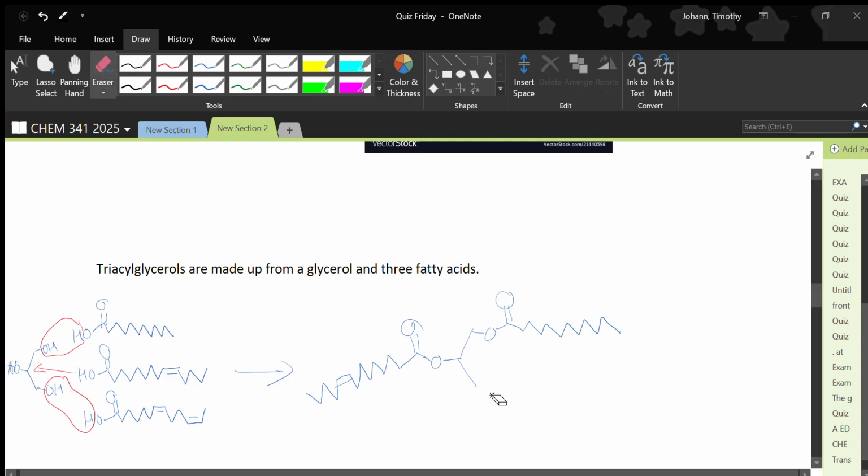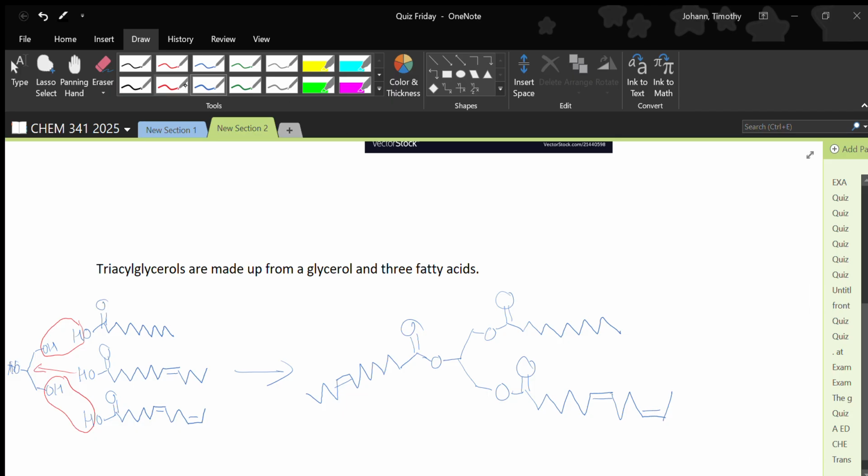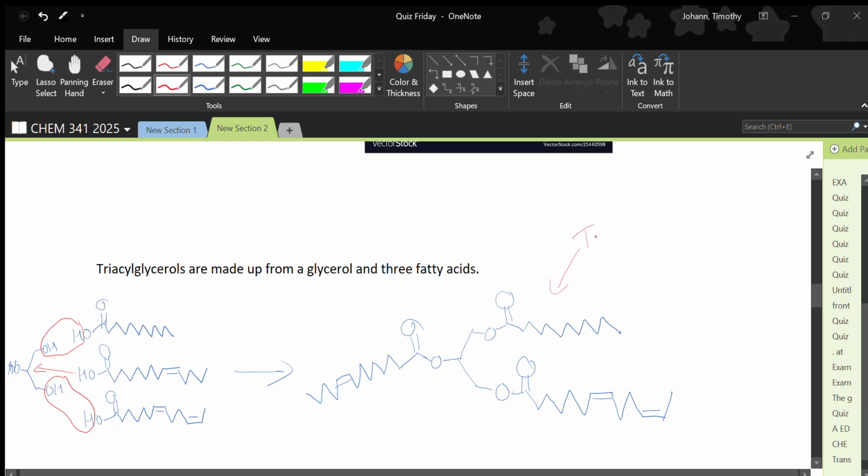Whoops, can't lose a carbon. There. Okay, so this right here is our triacylglycerol.